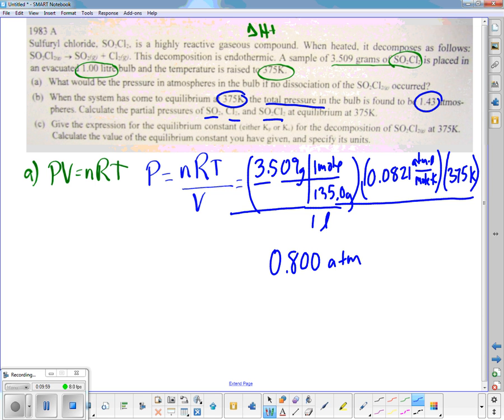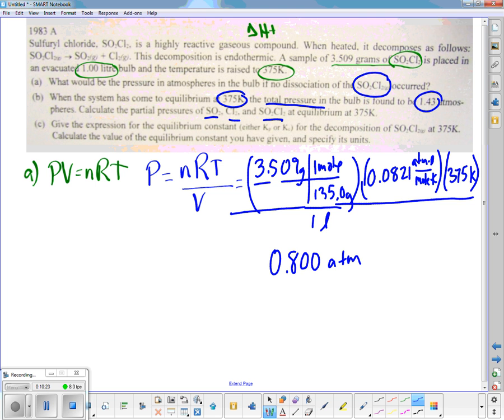Okay, so what do we just solve for? We just solved for the pressure of this if there was no dissociation. So guess what? It's sort of like ICE, basically it is ICE.